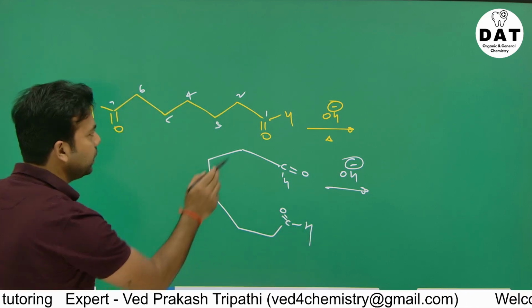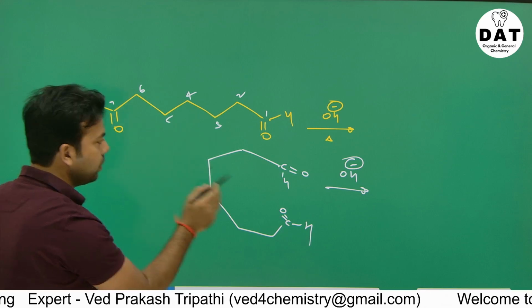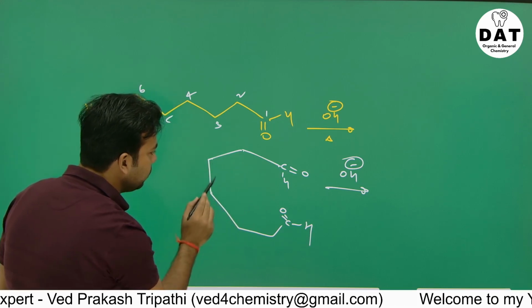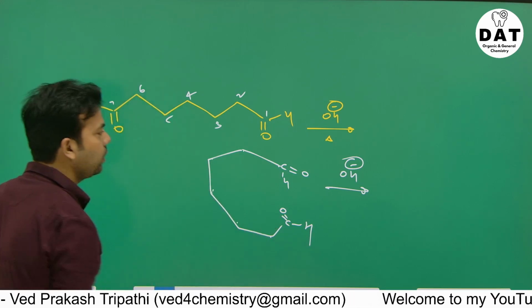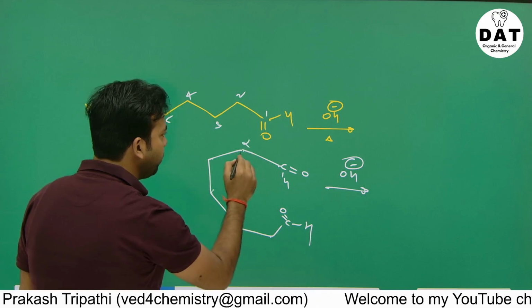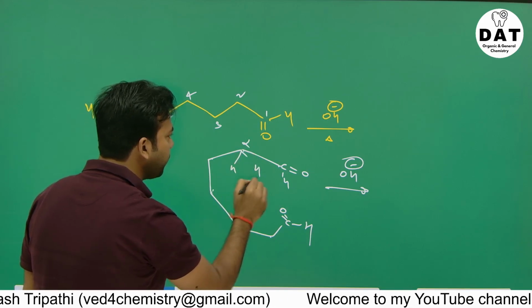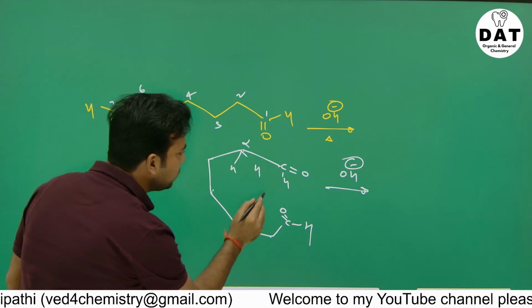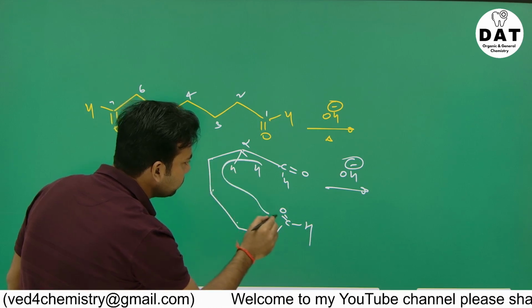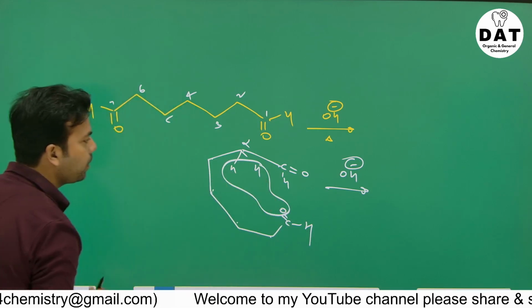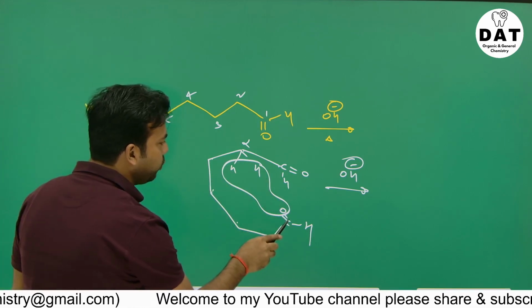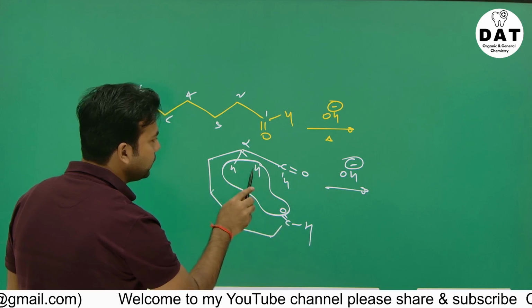You can see the numbering here, a 7 carbon member ring: 1, 2, 3, 4, 5, 6, 7. This is supposed to be my alpha where we have 2 hydrogens. Now you have to remove this water molecule. Clear? You have to remove this O and this H.